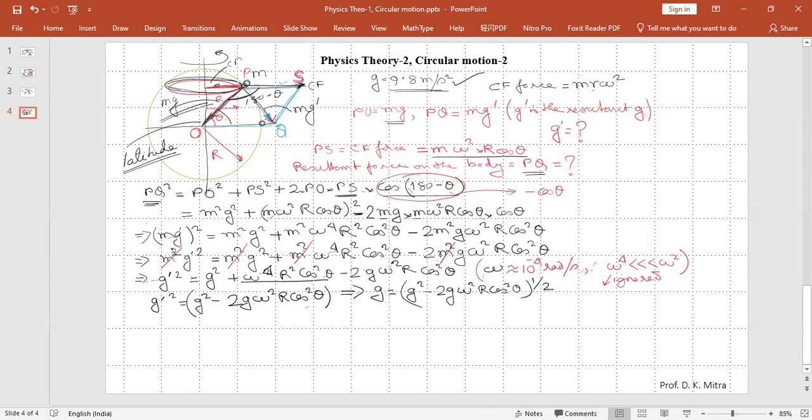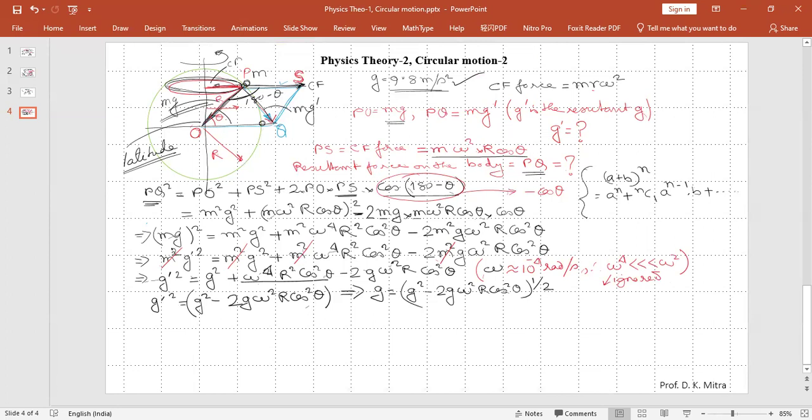Now, you possibly have already done the binomial theorem in your mathematics class, where you have seen a plus b whole to the power n is equal to a to the power n plus nC1 a to the power n minus 1 b plus other terms, and the last term is b to the power n. This is the binomial theorem.